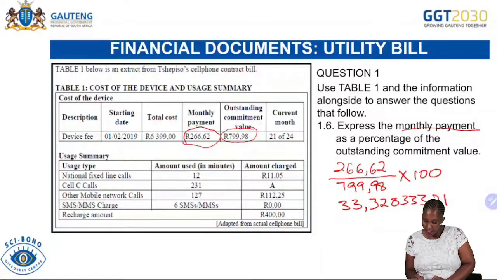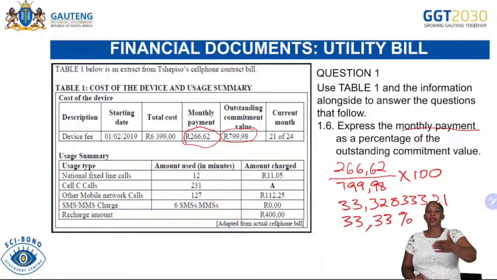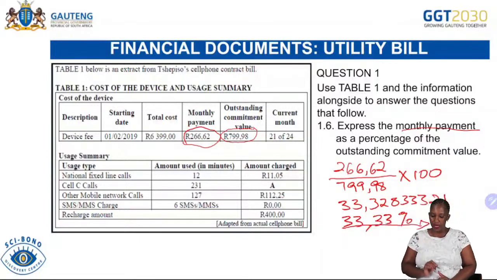From my calculator, and then now because they said as a percentage, it will be 33,33%. And then this 100, because they said your answer must be as a percentage, and then we are expressing it as a percentage. That is why we are multiplying by 100. I hope you understood this one, boys and girls. You did not make a mistake. Once you see that 100 is for the percentage.